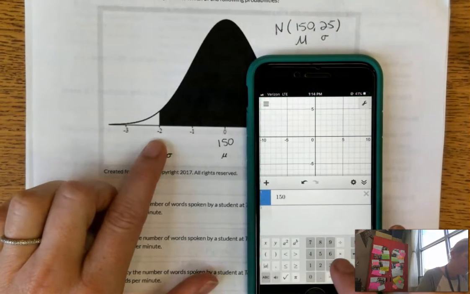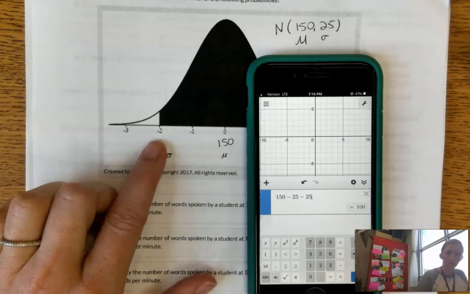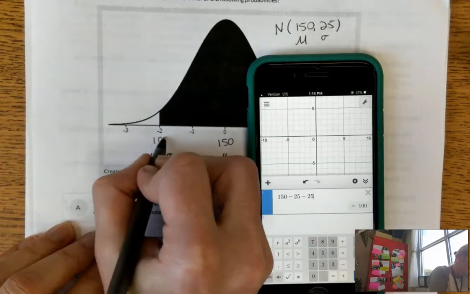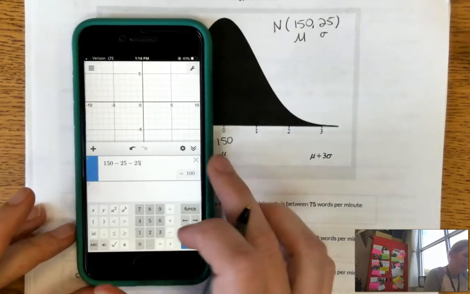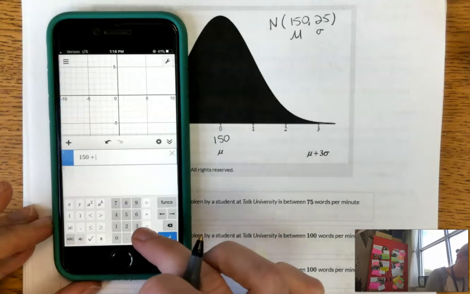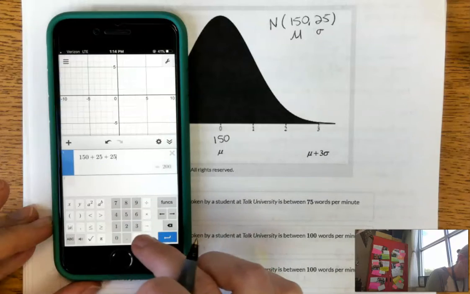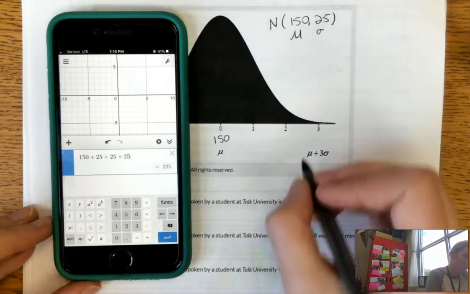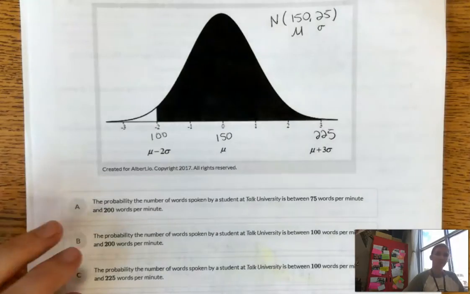So 150 minus 25 minus 25. See, I subtracted it twice. So this is 100. Now I'm going to add it 3 times to get to the third standard deviation. Plus 25, plus 25, plus 25. So 3 standard deviations above is 225.